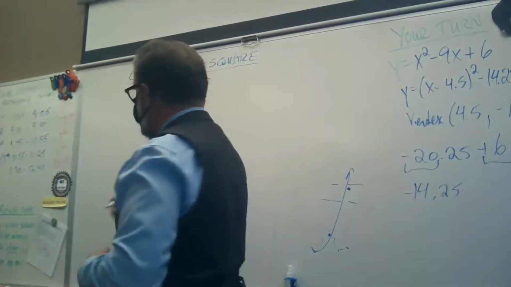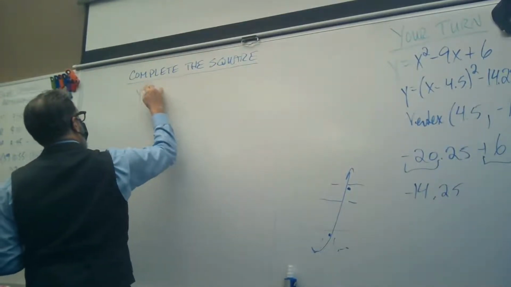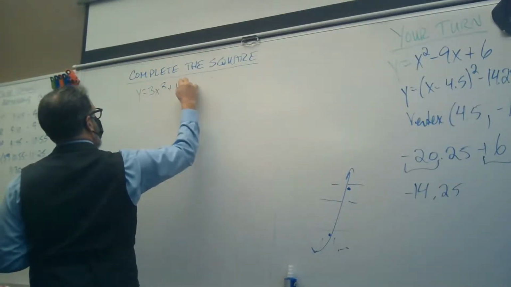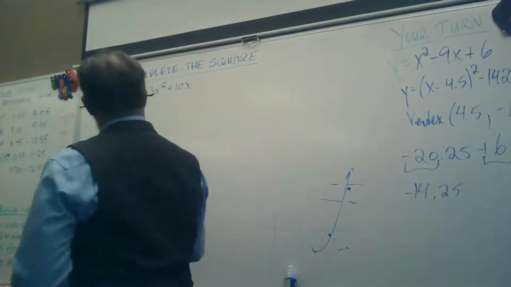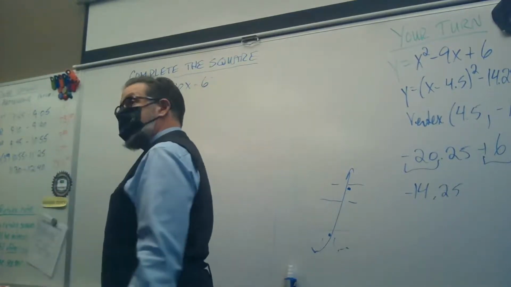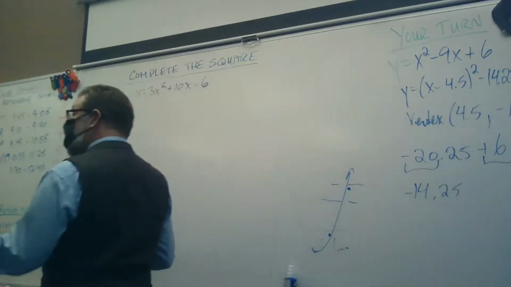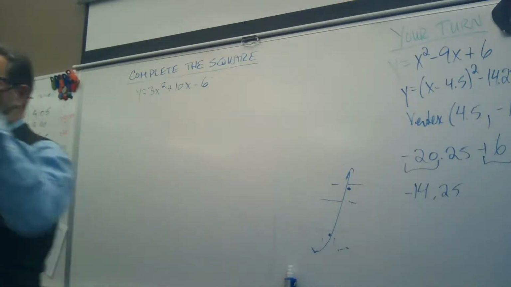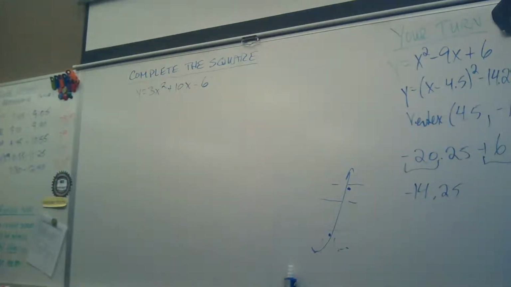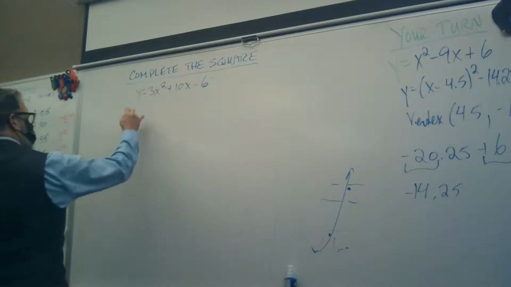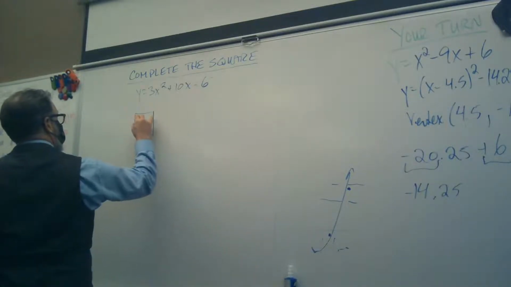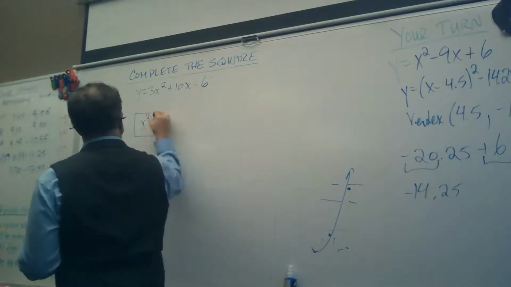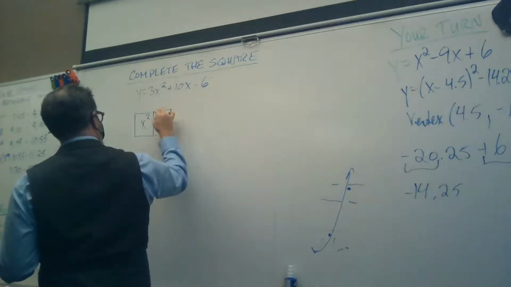y equals 3x squared plus 10x minus 6. So I'm going to build a square. Don't write this down, because then you're just going to have to erase it. I've got 3 of these x squared, so I'm going to put an x squared on either side.